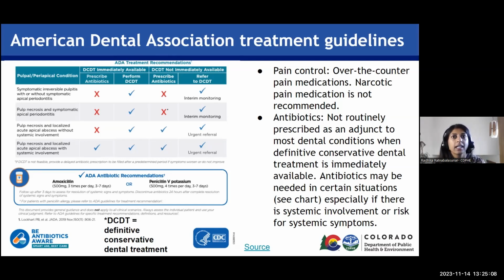So it's spreading, involving more parts of the face or deeper tissues, or maybe you have somebody at risk for systemic symptoms. So maybe they do have that weakened immune response, or they're a poorly controlled diabetic. And so there's some nuance here with prescribing antibiotics, but wanted to show a general guideline for antibiotic recommendations.